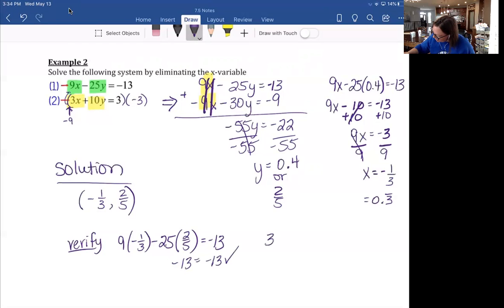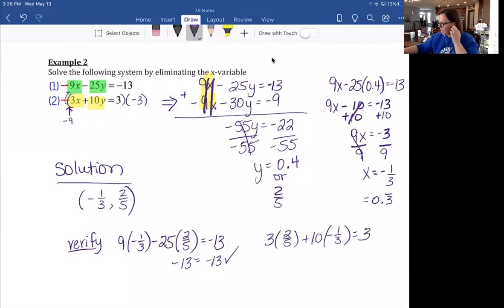And the other one, 3 times 2/5 plus 10 times negative 1/3 equals 3. So 3 times 2/5 plus 10 times negative 1/3 is not 3. Let me pause to see where I went wrong.